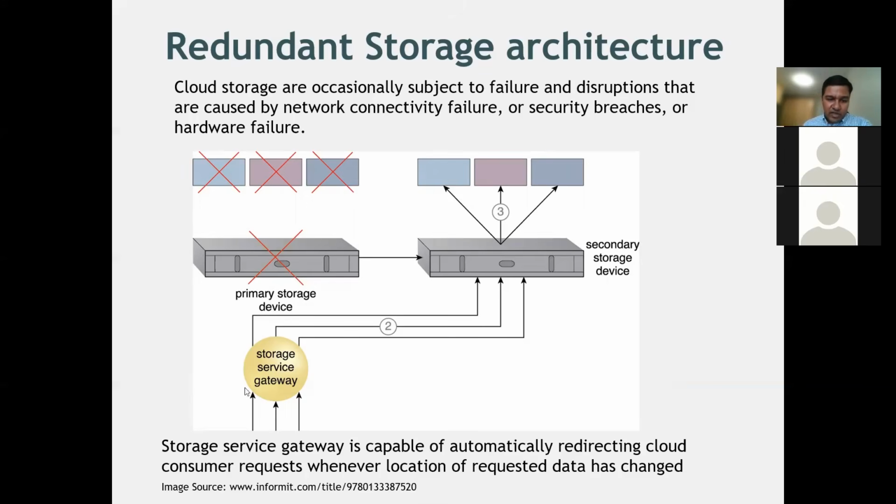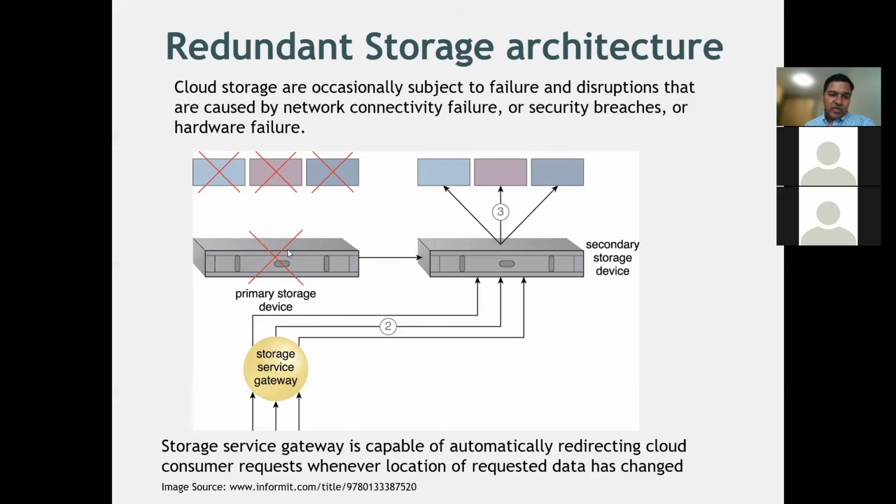So how do they do it? They have a storage service gateway, which can automatically redirect the consumer request if the cloud storage in the background fails and has been relocated to another. So these are two storages. One is the main, the other one is a backup, or there can be many backups.